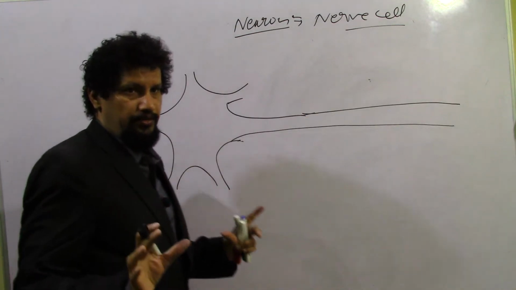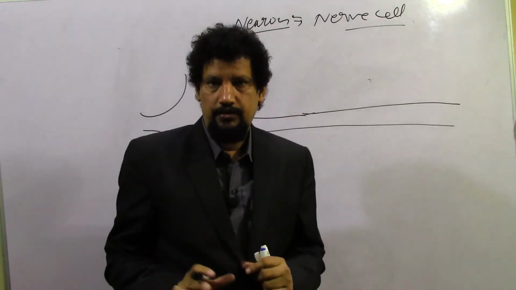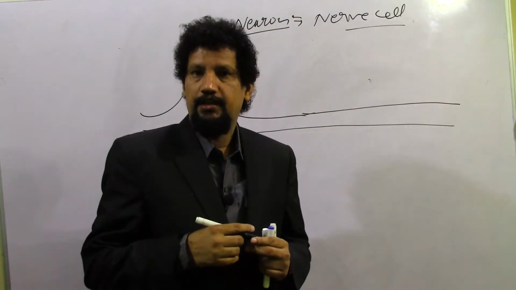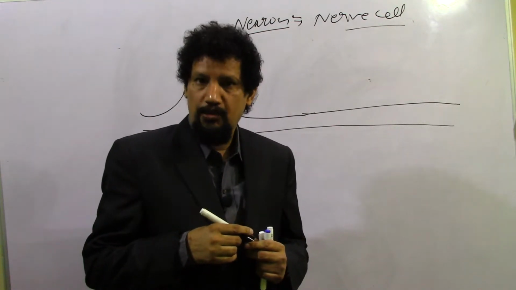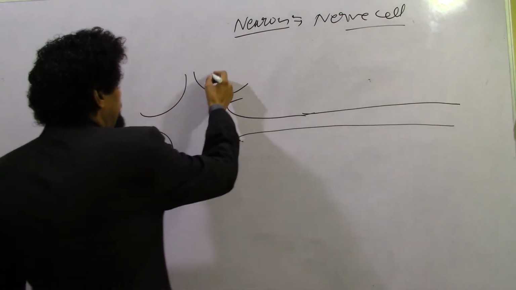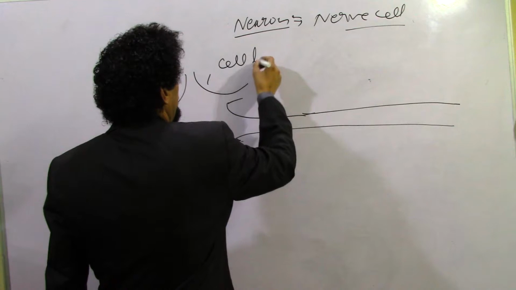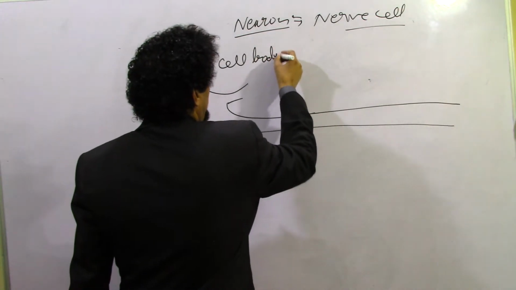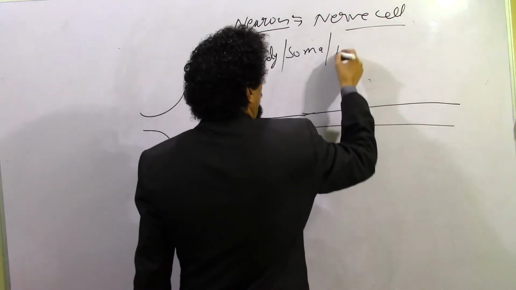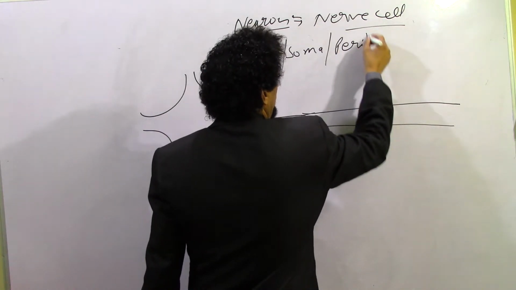A typical nerve cell or neuron has two parts. The first is the cell body or soma, also known as perikaryon. So this part is the cell body, also known as soma, also known as perikaryon.